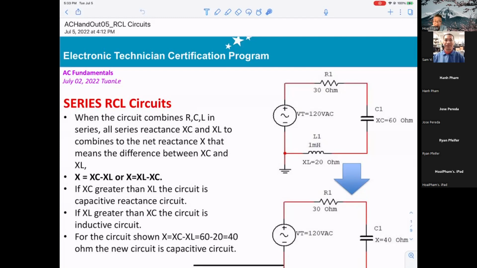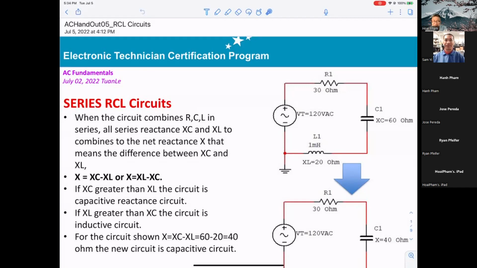In the past, you know you cannot solve a circuit with both XC and XL. You have to come up with a new circuit that will be L or C only.